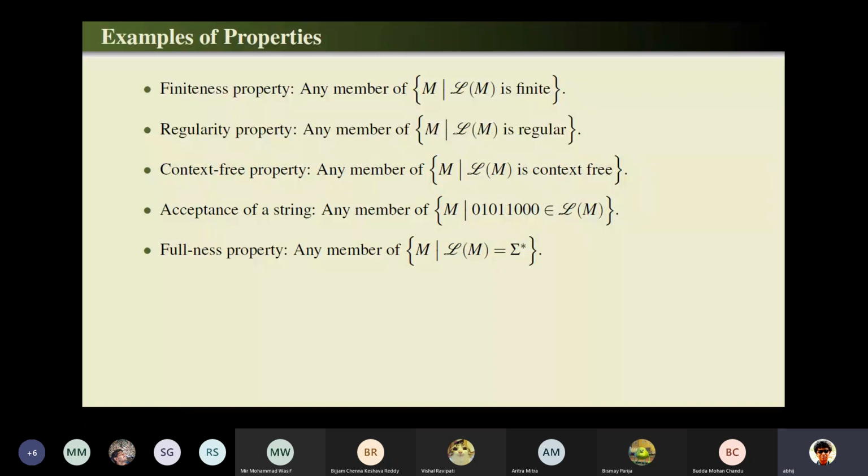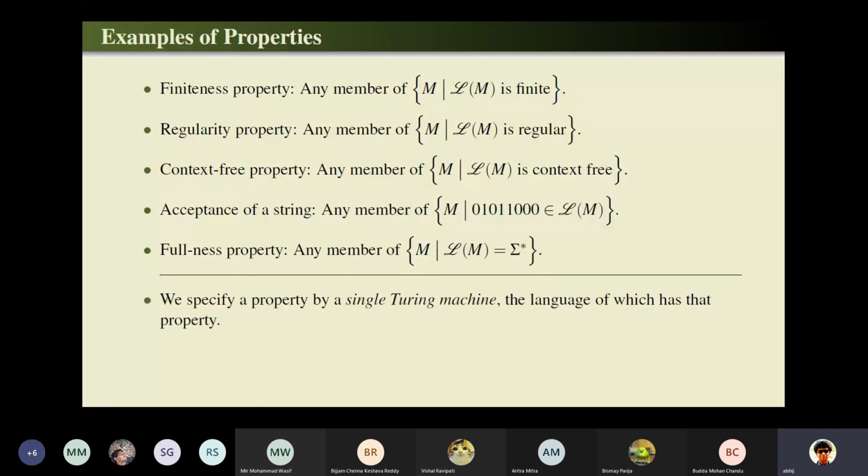Likewise, you see the fullness property, where the machine accepts the entire thing, sigma star. So once again, this is a reiteration of the statement. We specify a property by a single Turing machine, the language of which has that property. And it is an arbitrary member of this set of Turing machines which have this property.